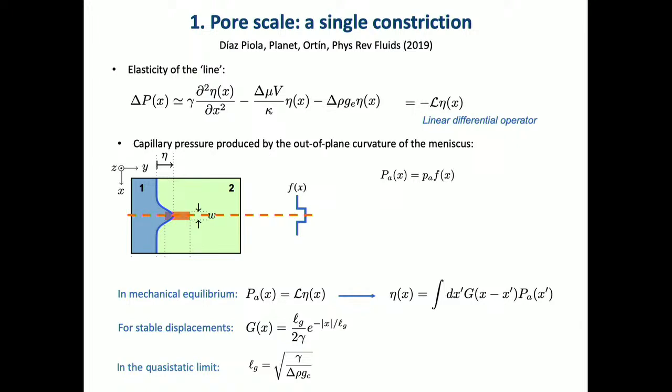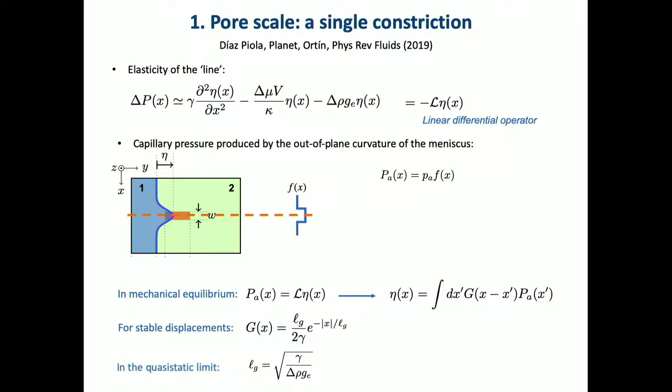And then because L is linear, we can use this convolution integral, or if you want, the Green function formalism, to understand what the resulting deformation will be when the defect is extended in the x direction, okay? You can make the calculation using this expression here, and you obtain that the Green function for that problem is this expression here: a characteristic length, which is actually the capillary length of this problem, surface tension divided by the gravitational term, right?